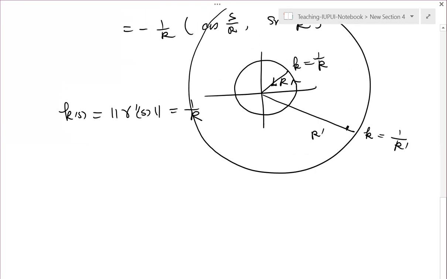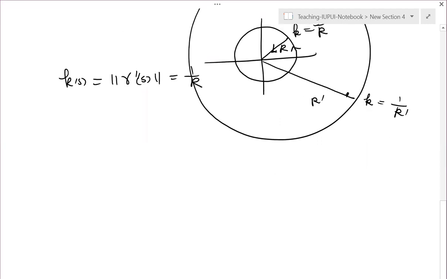Okay, so now you have a right definition of curvature. But in reality, the curve is given, and it's not always given by parameterization with arc length. In that case, what can they do? How to compute the curvature?